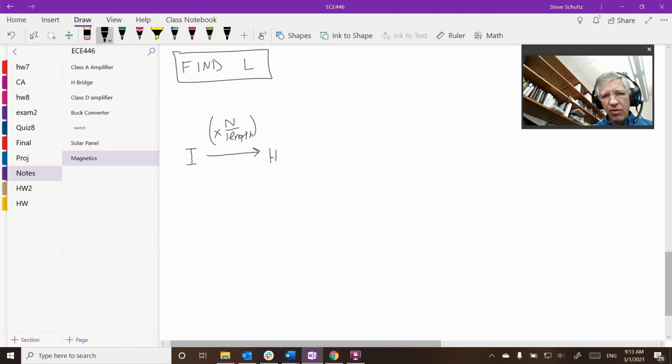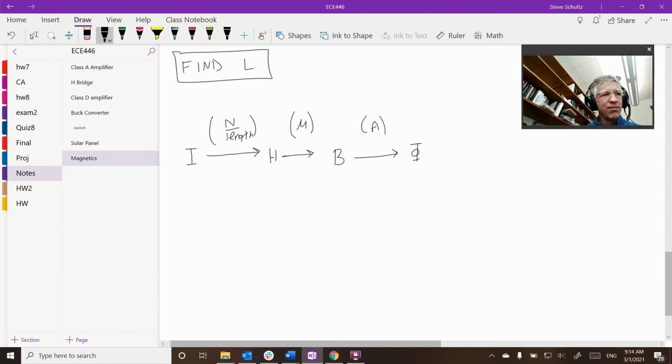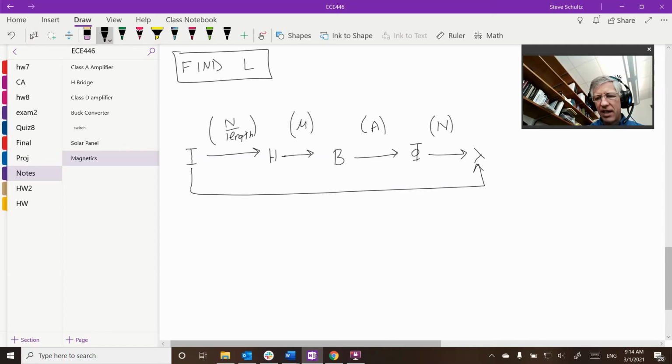Then we change that into my B by multiplying by mu. From there, I change that into my flux by multiplying it times my area. Then I take my flux and convert that into my flux linkage by multiplying by N. And then you see I'm going to divide by my current to get my inductance.